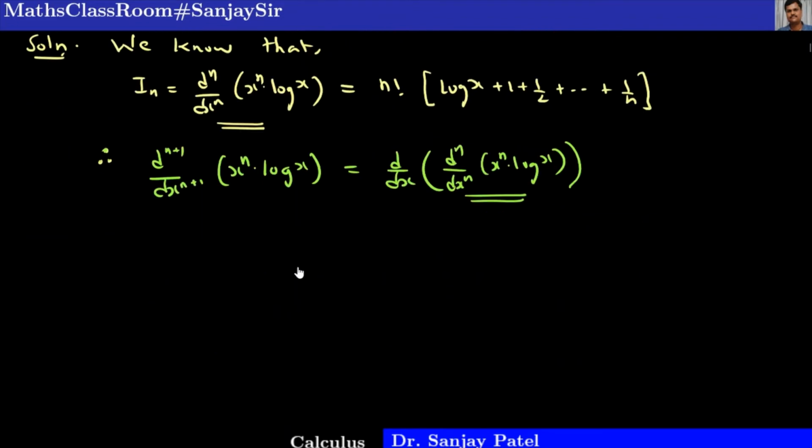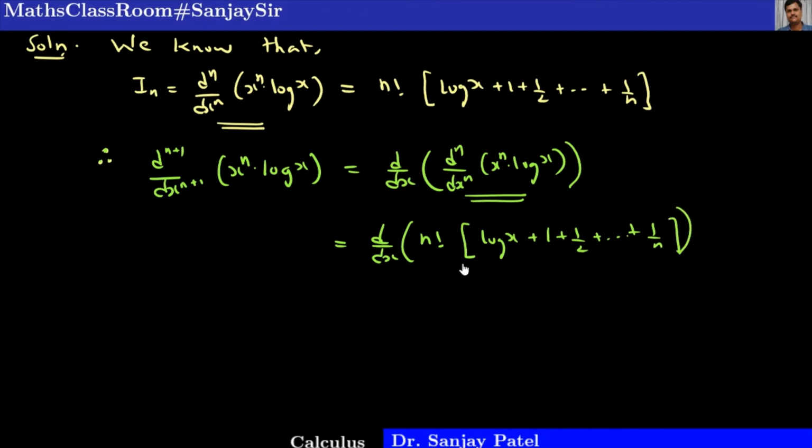So this implies what we'll get here is d by dx of log x plus, we'll get d by dx of this function, that is n factorial into log x plus 1 plus 1 by 2 plus and so on plus 1 by n.